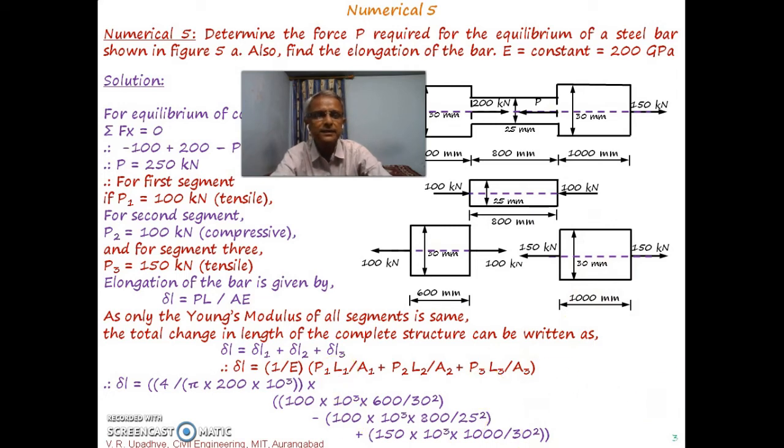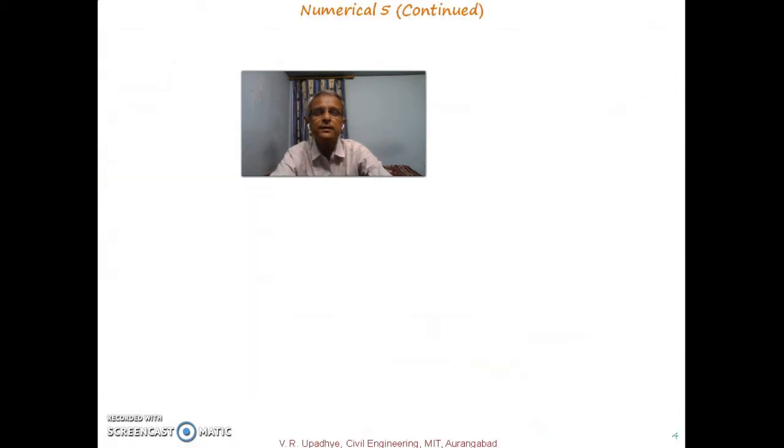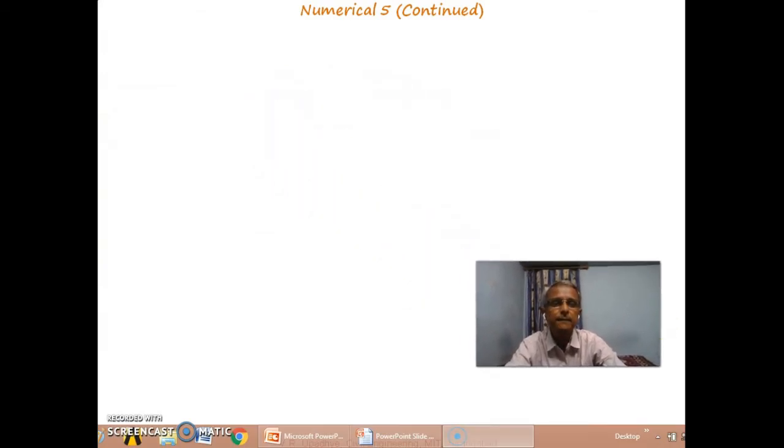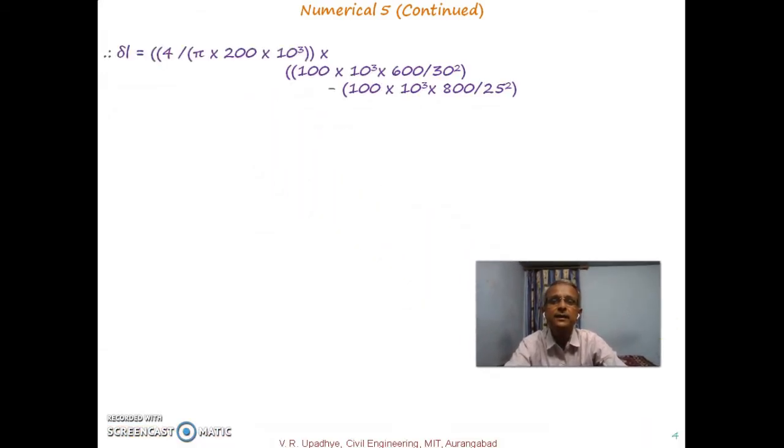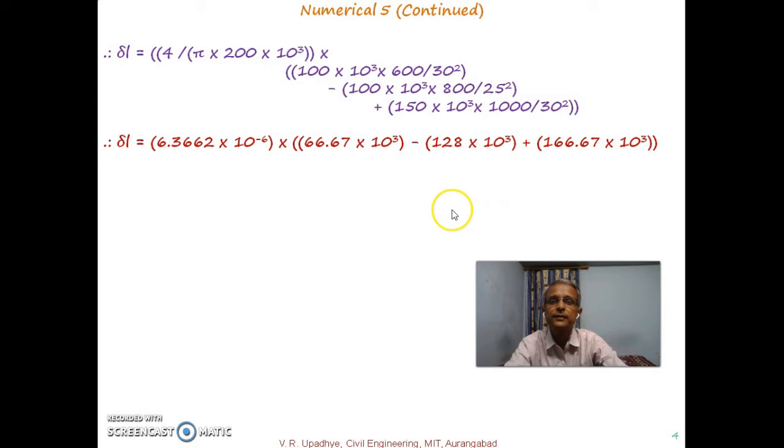So if we calculate this further, what will we get? Once again I have written this equation here. For this particular part, 4 divided by pi into E, the calculation is 6.3662 into 10 to the power minus 6. For segment 1 it gives 66.67 into 10 to the power 3.